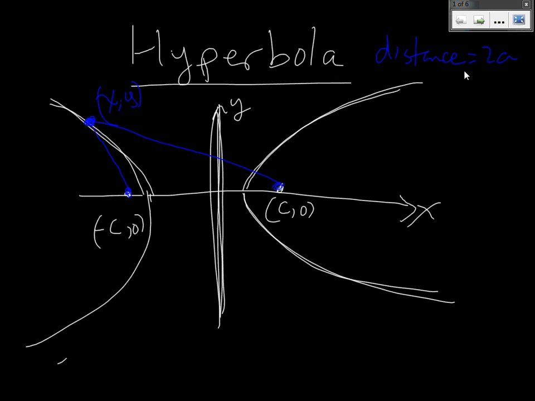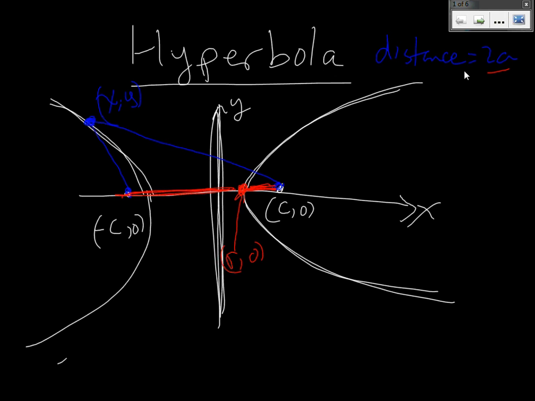So let's just talk about that just a little bit. Let's talk about that point right there. It's on the x-axis, so y is 0. It's r, 0. Let's find out exactly what that point is. Well, like I said, this distance and that distance, when you subtract them, you're supposed to get 2a.